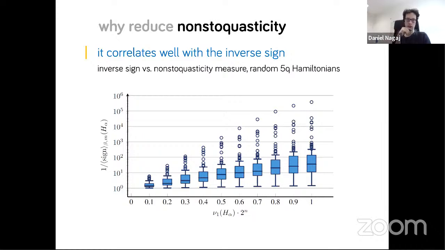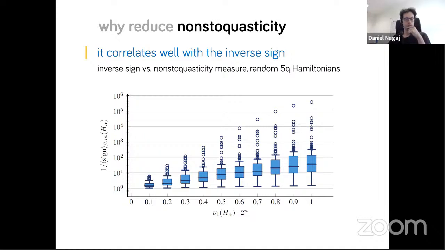This is done only for random 5-qubit Hamiltonians, so these are very small systems, so this is really just a proof of principle, and it does not always work, but it shows that it could work on average on some systems. Okay? So now we're claiming that optimizing non-stochasticity will improve the sign.